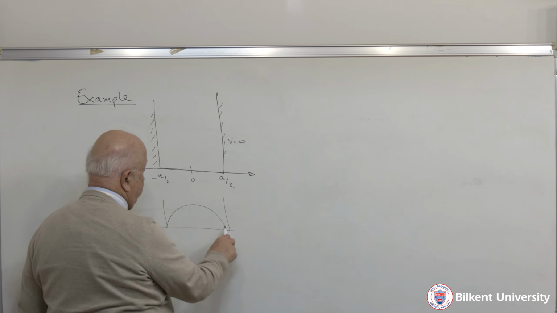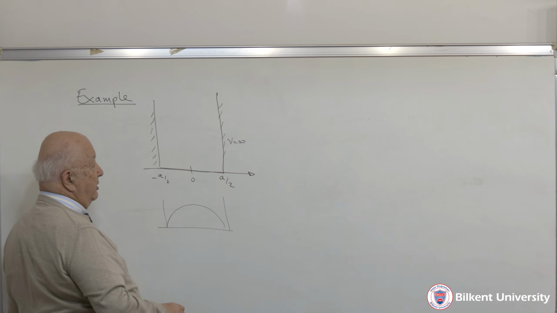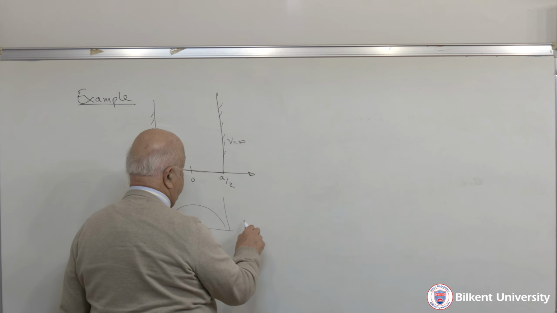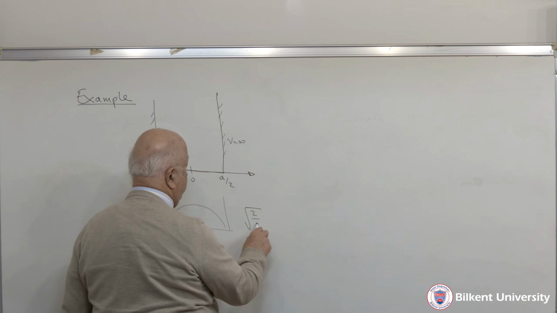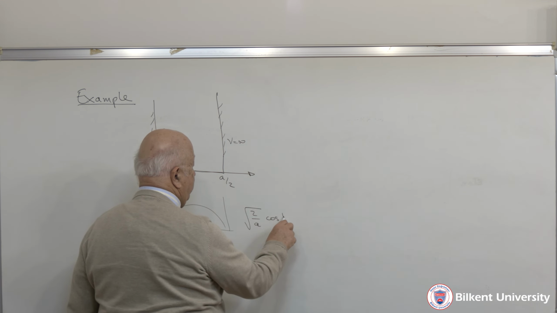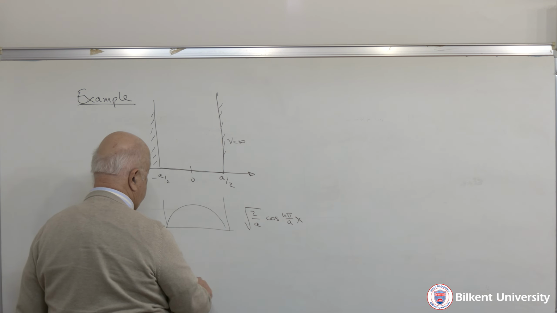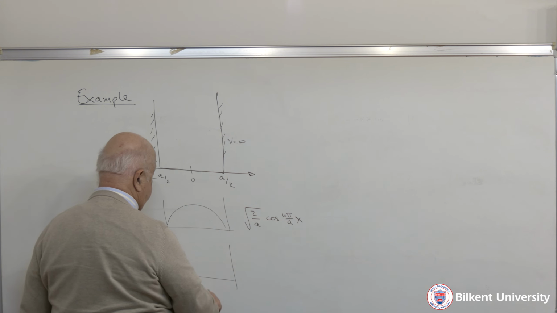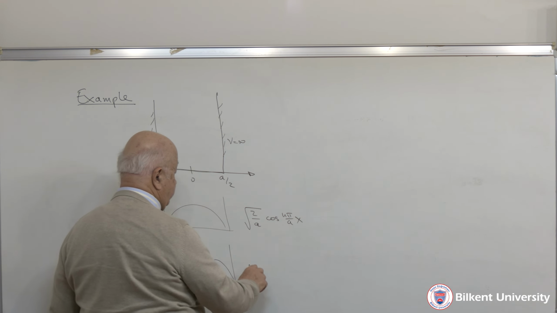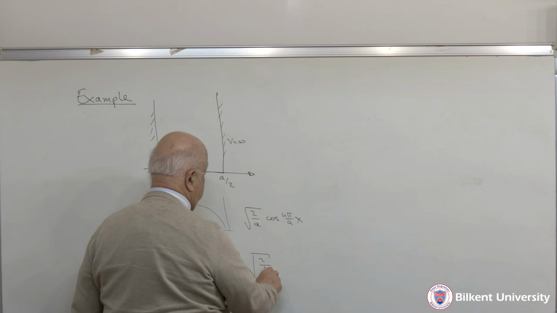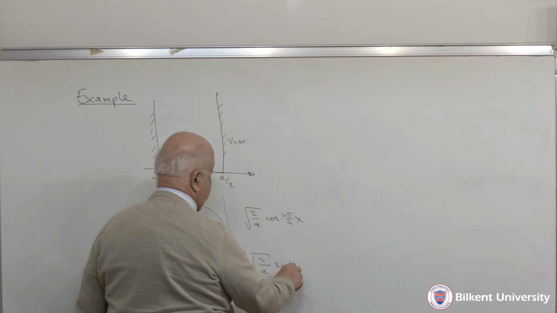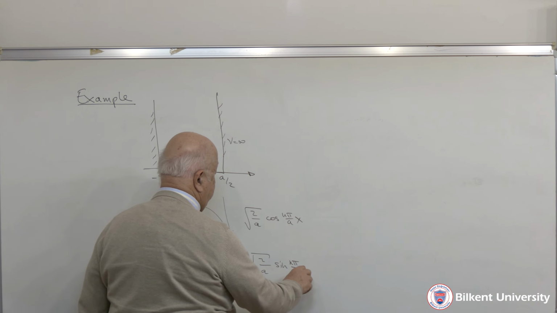They are either functions which go like cosines, so things which look like 2 over a cosine n pi over a x, or they are sine functions, 2 over a sine n pi over a x.